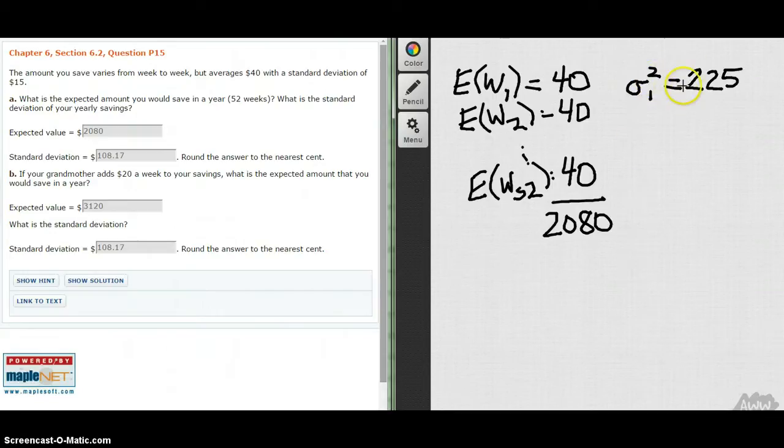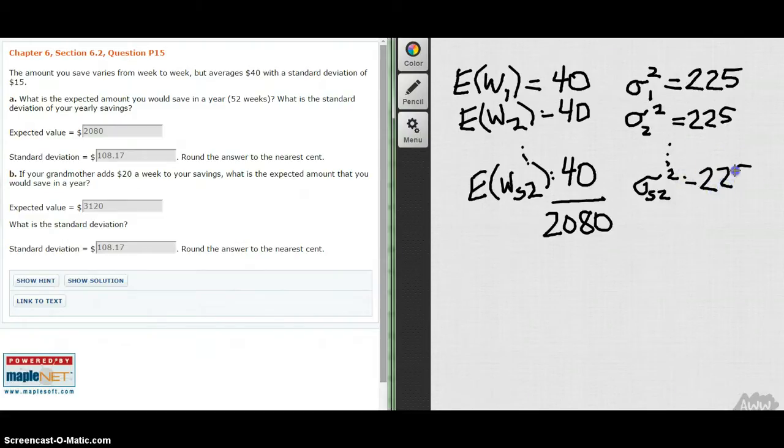We can't just take 15 times 52 and say that's our new standard deviation. What we can do is add variances as long as they're independent events, which we are assuming. And notice the variance for each week is going to be 225 all the way down to variance for week 52.